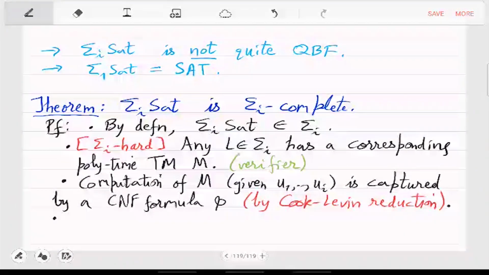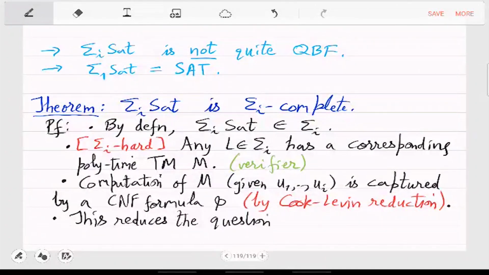So this reduces the question whether X is in L, whether X is a yes string of L, to a sigma I SAT expression.